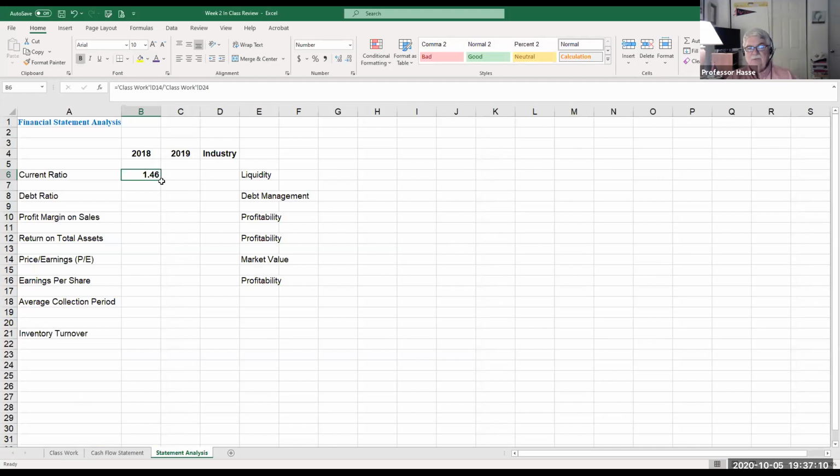What is it in 2019? This is why I love spreadsheets. You just slide it over. Whoa, 2.58. The industry average for this company, in their industry with competitors, is 1.25. Now, we already know why their current ratio is so high in 2019.